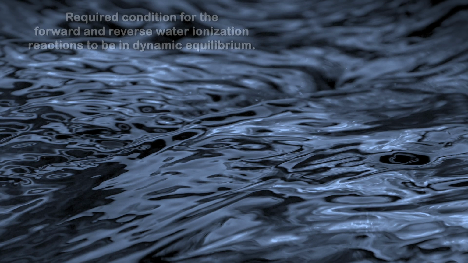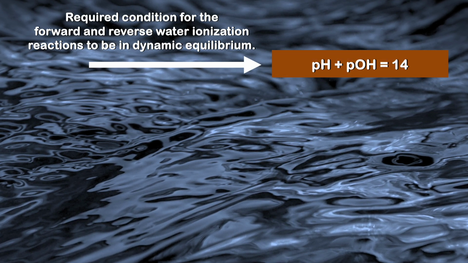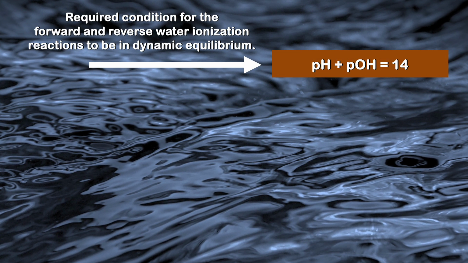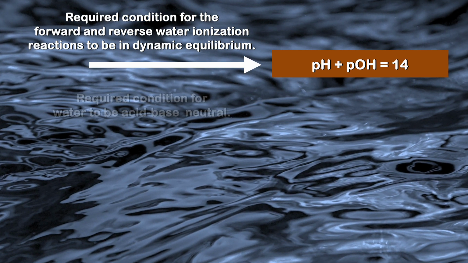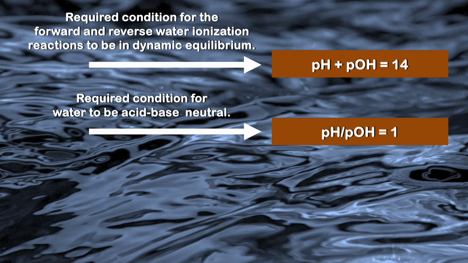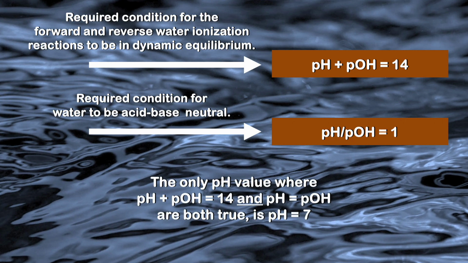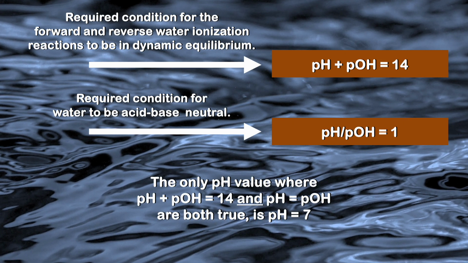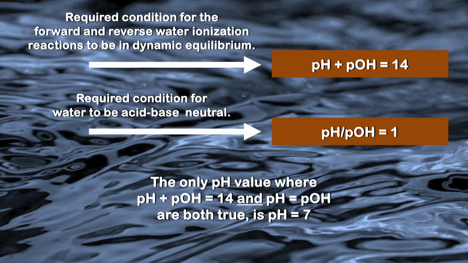Using pH terms, this equation is a required condition for the reversible water ionization reaction to be in dynamic equilibrium. And this equation is the required condition for water to be acid-base neutral. The only pH value that fits both the equilibrium condition and the neutrality condition simultaneously is pH equals 7.